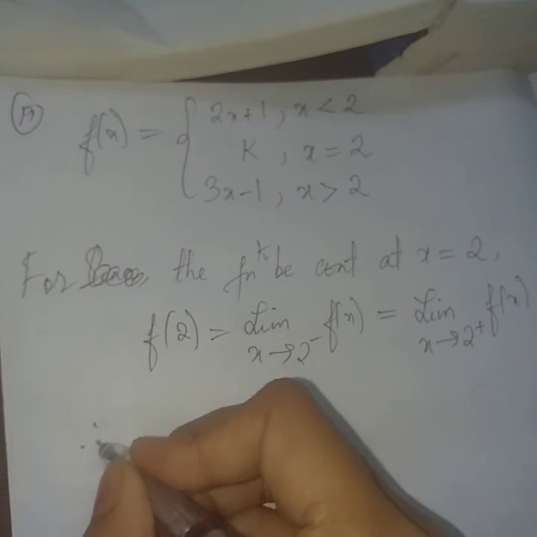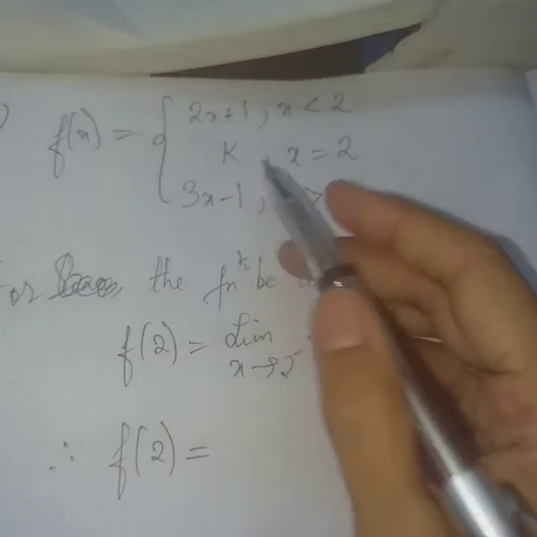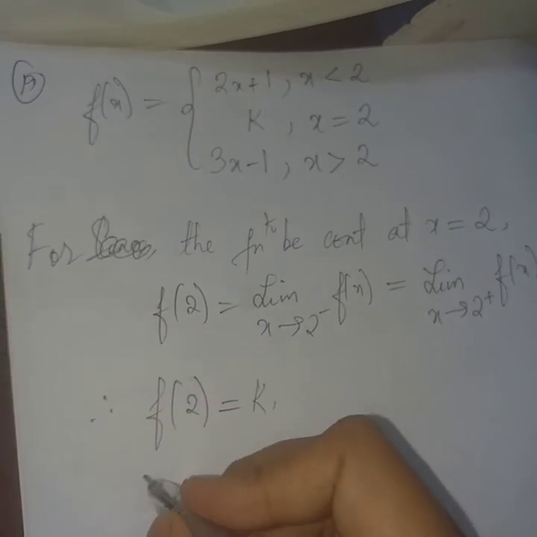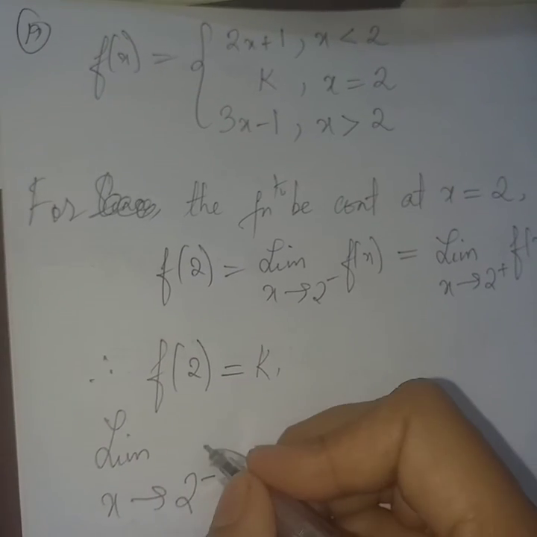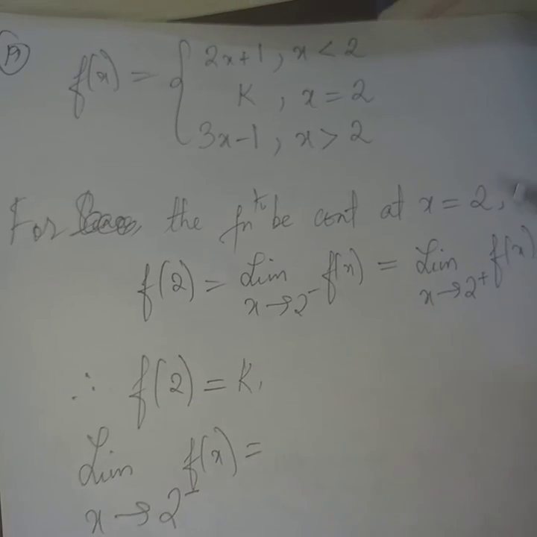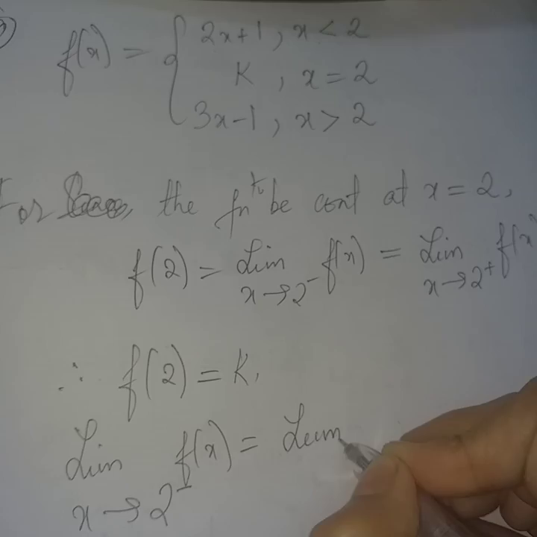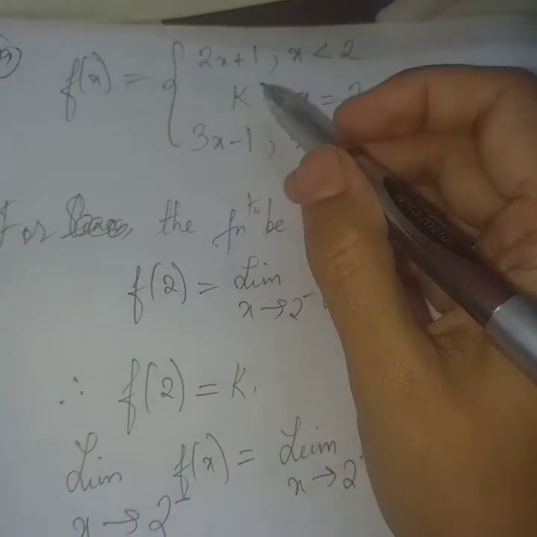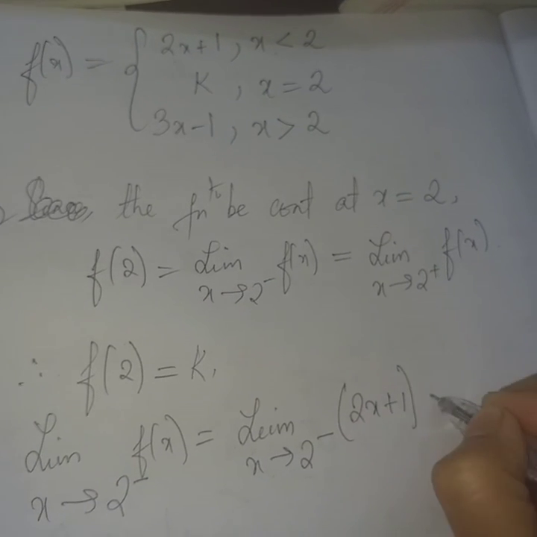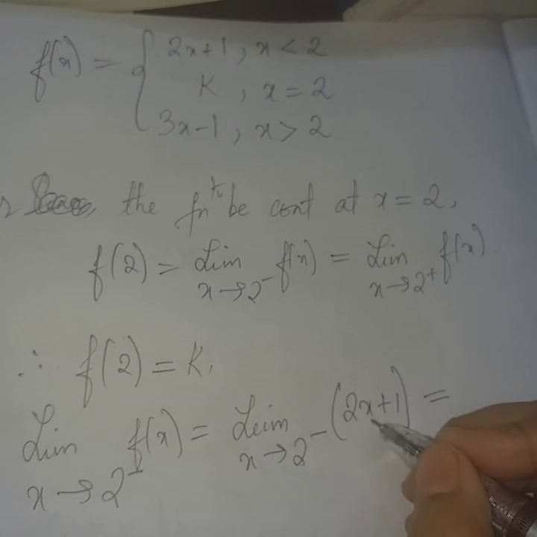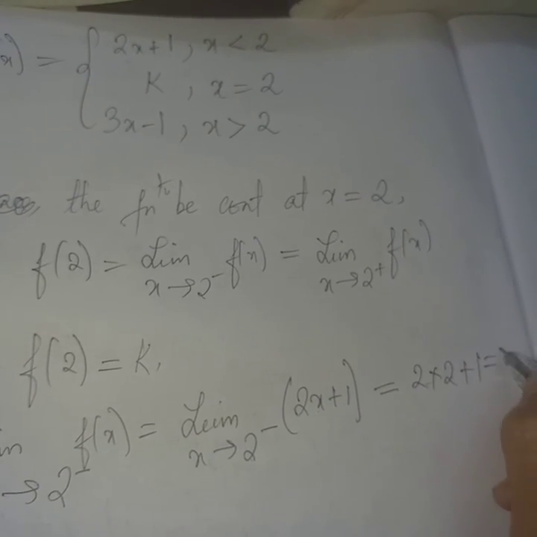Now f of 2, when x equal to 2, is equal to k. Now let us take the left hand limit, when x is slightly less than 2. The function is 2x plus 1, and if we replace the value of x by 2, 2 into 2 plus 1, which is 4 plus 1, 5.